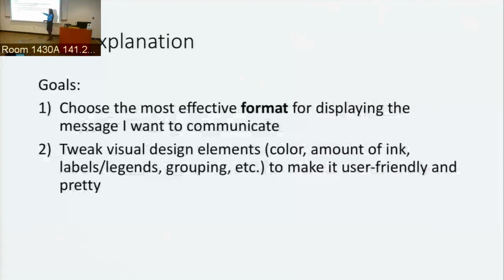In terms of labels and legends, there's some research showing that it's generally easier for you to see what the variables are when you directly label your data points versus using legends. Sometimes legends are unavoidable. There's ways around that to make the legends grouped better. So we can play around with that too. And just the general principle of grouping will come up a lot in this discussion.